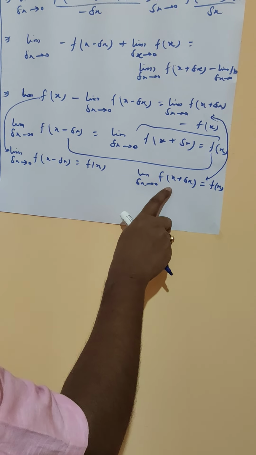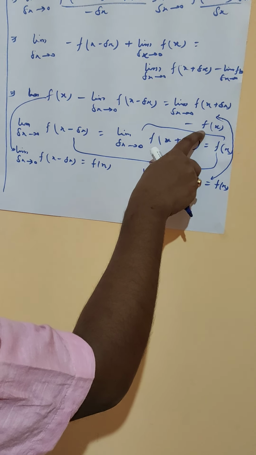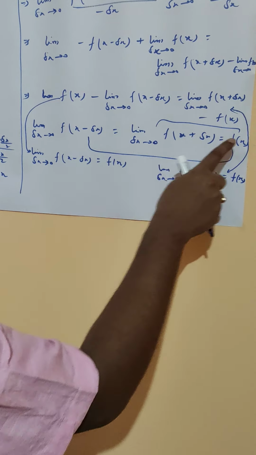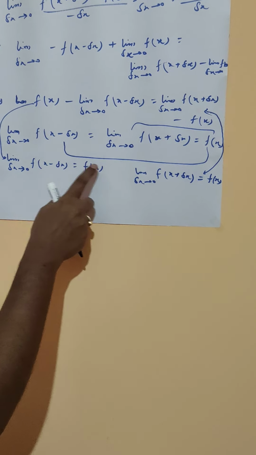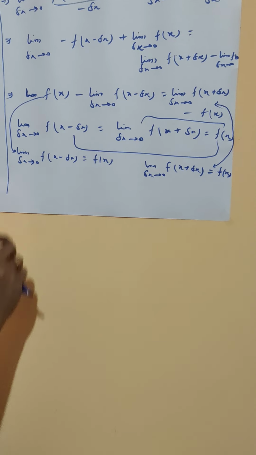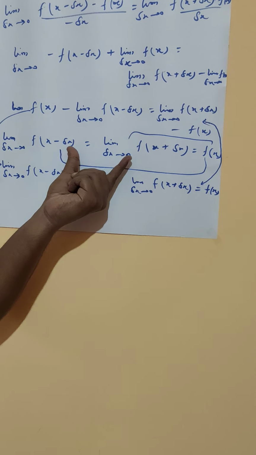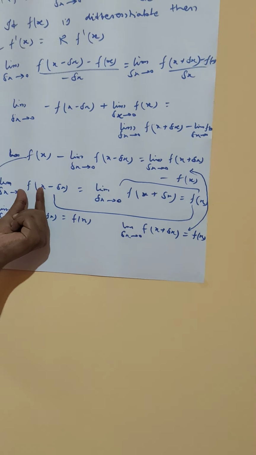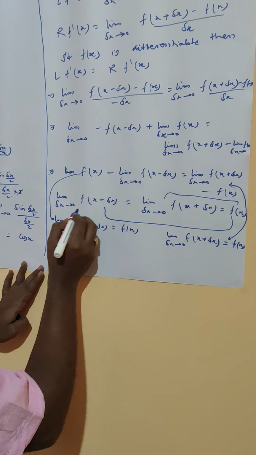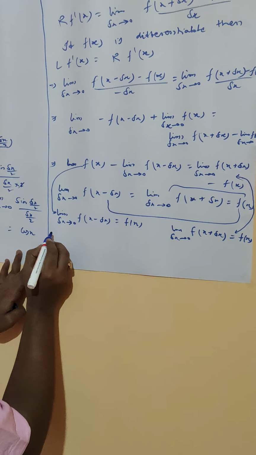We take the left side, which will be limit delta x tends to 0, f of x plus delta x minus f of x, and from these two results we take the right side, f of x minus limit delta x tends to 0, f of x minus delta x, and these are all equal when the function f of x is continuous. So this is possible only when f of x is continuous.